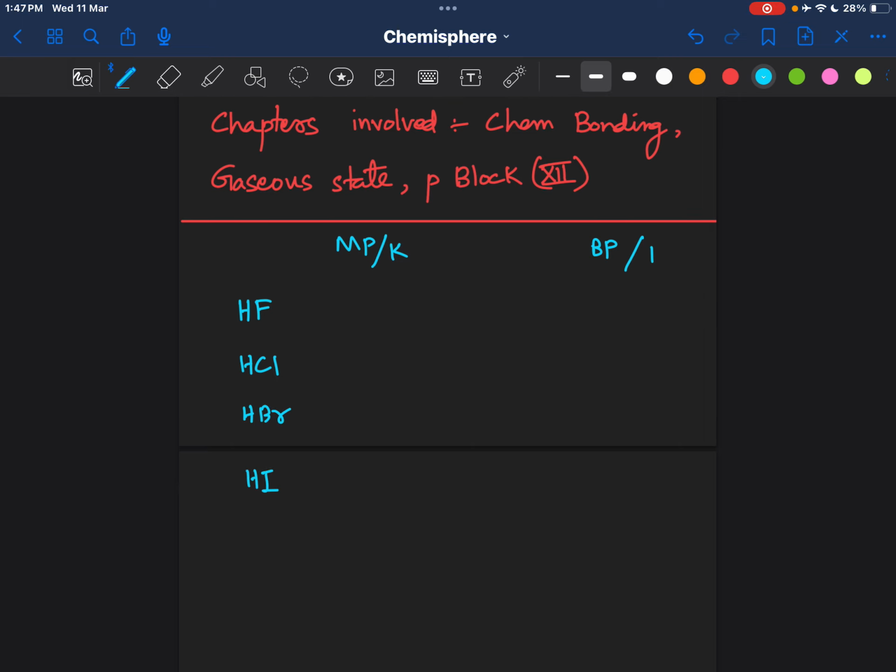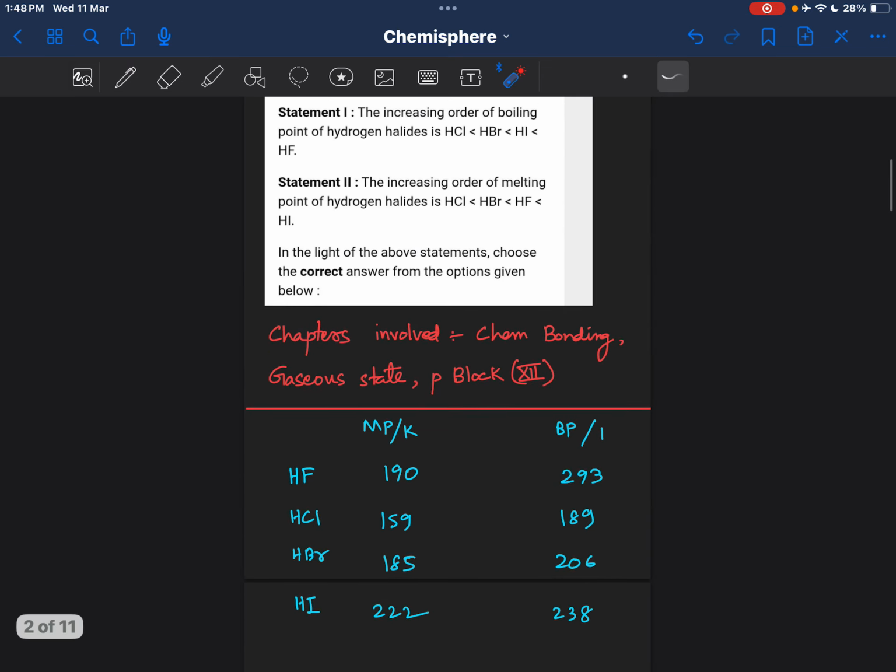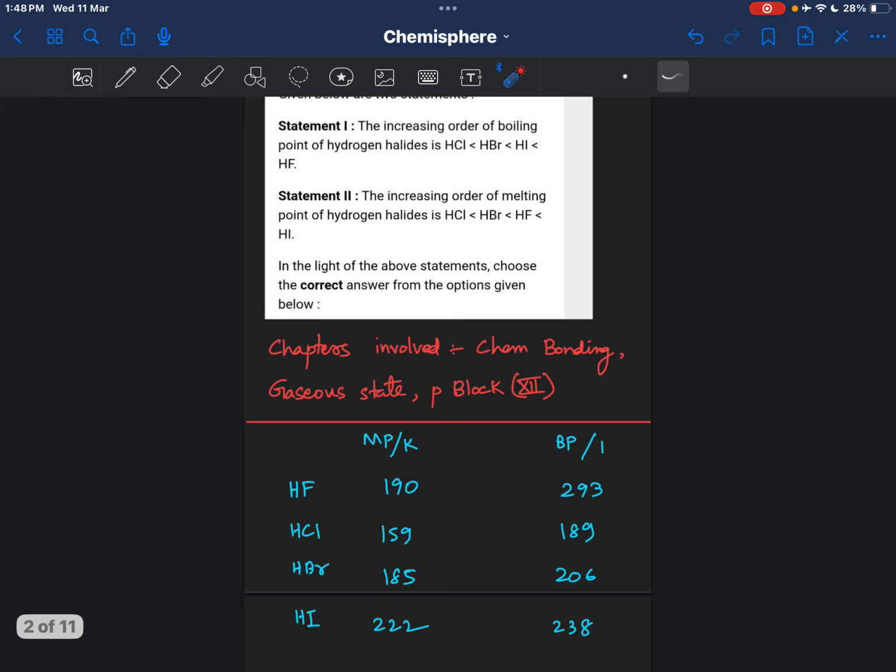So for hydrogen fluoride 190, boiling point is 293. HCl it is 159 and 189, 185 and 206, 222 and 238.